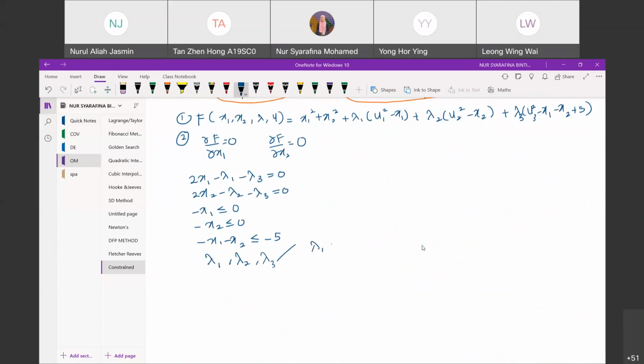By equating them to 0, it is active. If it is greater than 0, it is passive. So we can conclude that lambda 1, lambda 2, lambda 3 are greater than or equal to 0.